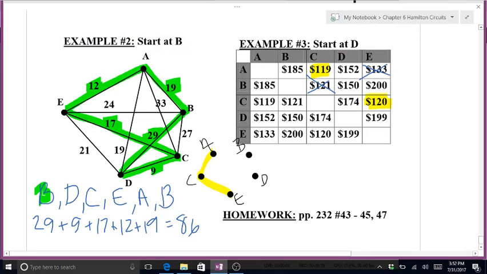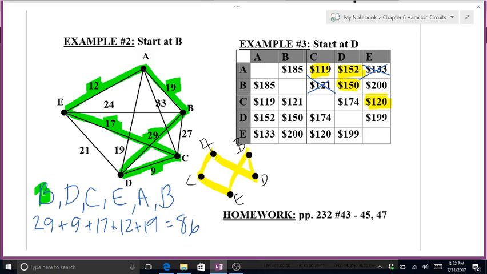So our next one looks like is 150 that connects B and D. That one's still good. Okay. 152 connects A and D. A and D is good. And then our last one, we've got to finish off our circuit here because every dot has been touched now and connected.